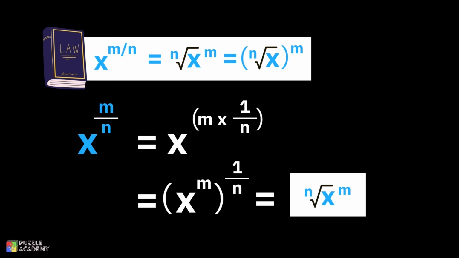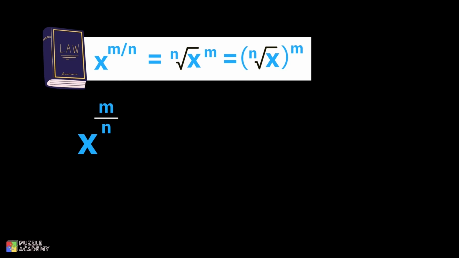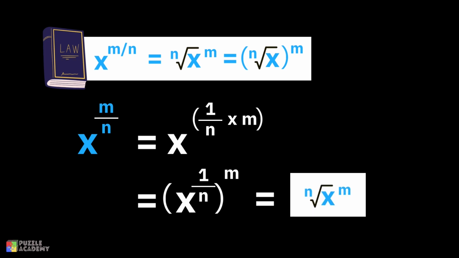The order does not matter, so it also works from m over n equals 1 over n times m. Let us have the same example, x raised to m over n equals x raised to 1 over n times m. Also, it can be written as x raised to 1 over n, raised to m. And the final form would be the same, the nth root of x raised to m.